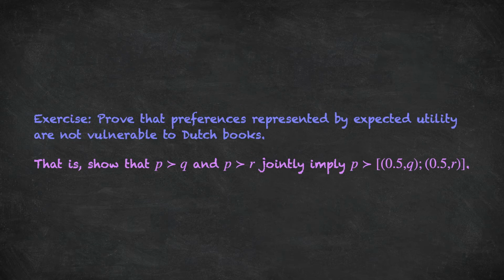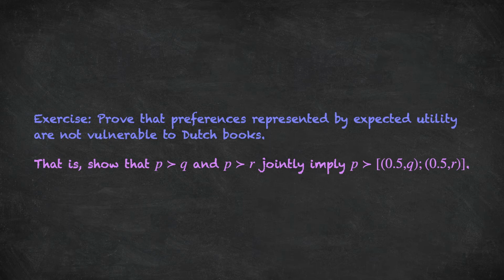As a simple exercise and to practice using expected utility theory, please try the following. Prove that if preferences for lotteries are represented by an expected utility, where we're using a von Neumann-Morgenstern utility for the outcomes and then taking its expectation to evaluate lotteries, then they are not vulnerable to Dutch books.